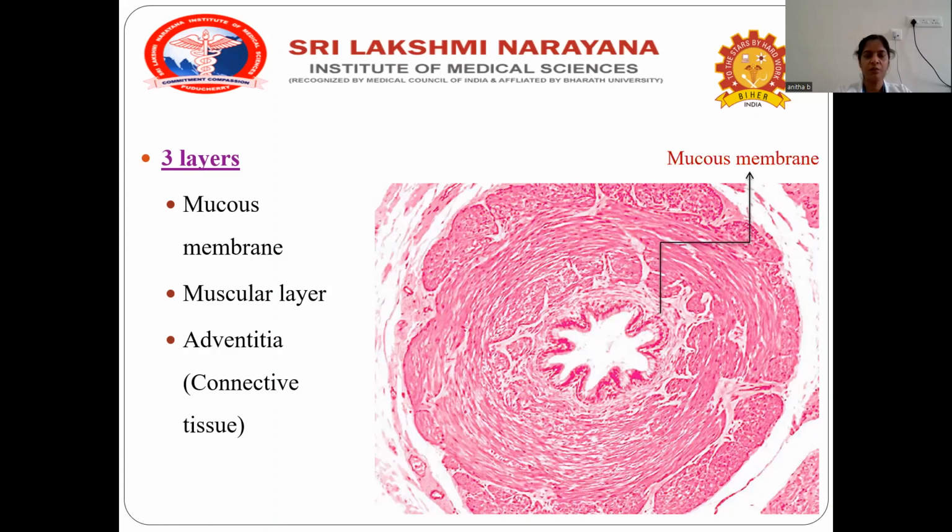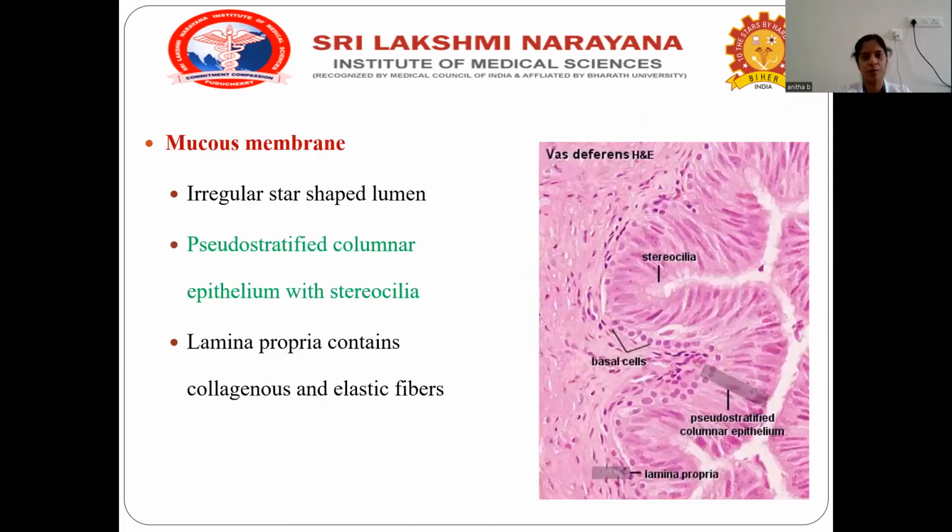So that is the mucous membrane. The next one is muscle layer. The next one is adventitia or connective tissue layer. These 3 things we are going to see. So first one is mucous membrane. So you know, irregular star-shaped lumen will be there. So you can see we are focusing on a small part of epithelium only. So here you can see irregular star-shaped lumen.